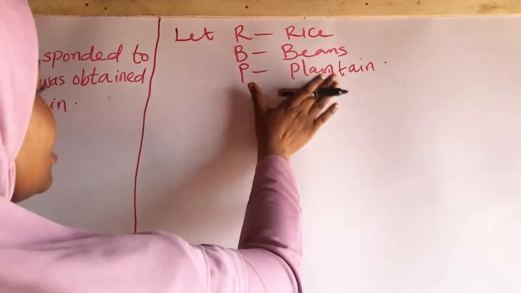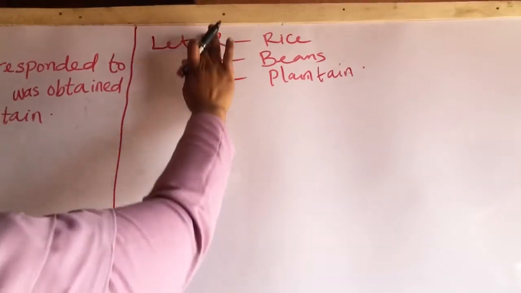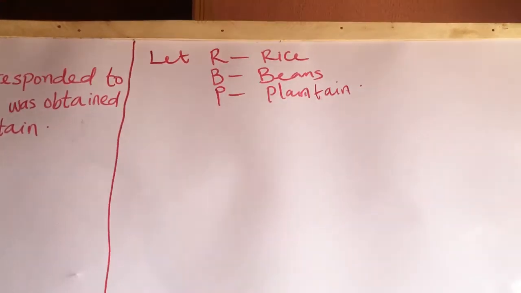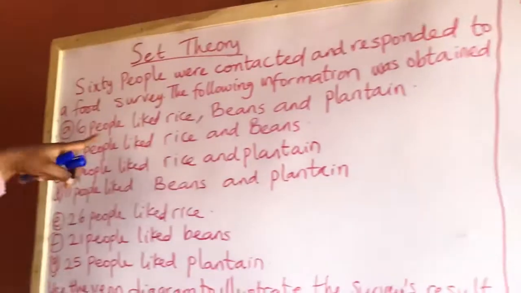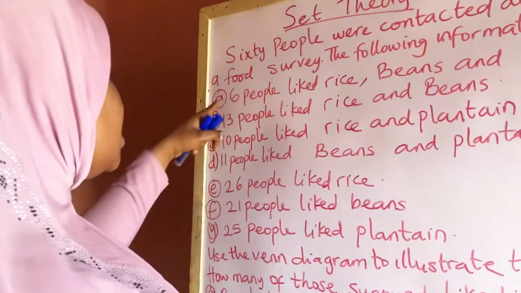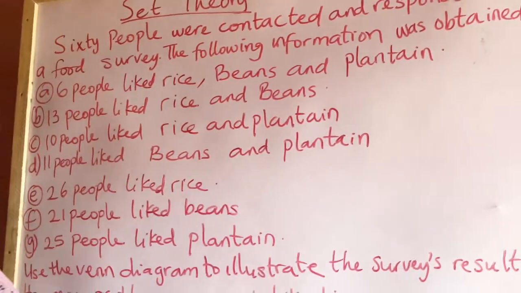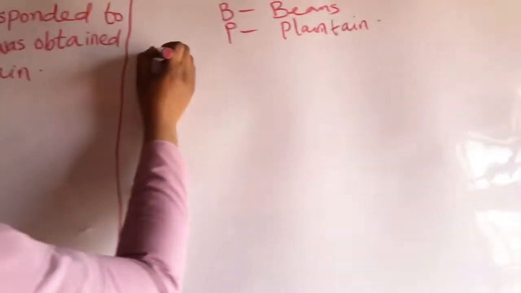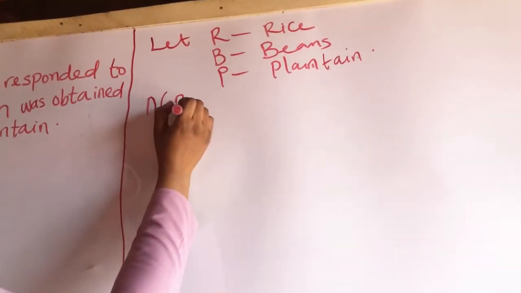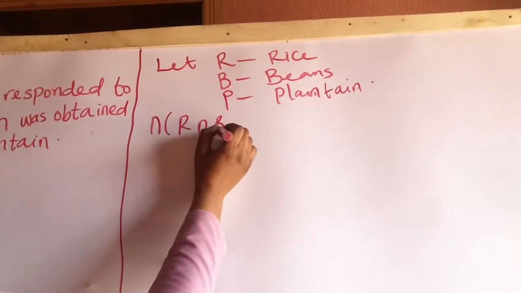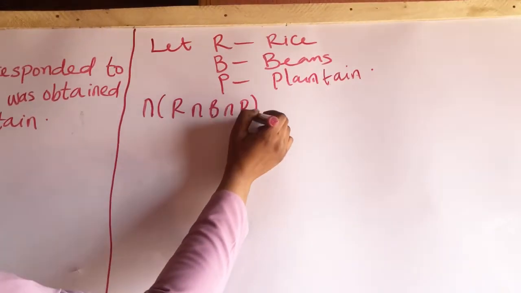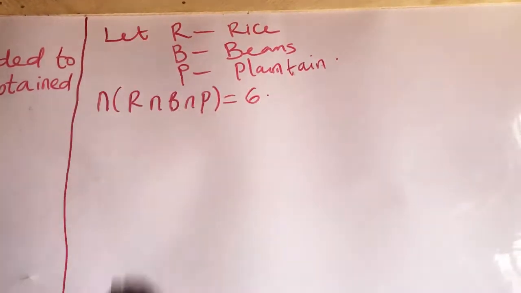After representing each type of food with their first letter, we need to read the question and interpret it. 6 people liked rice, beans, and plantain. So it means that the cardinality of R intersect B intersect P is equal to 6.